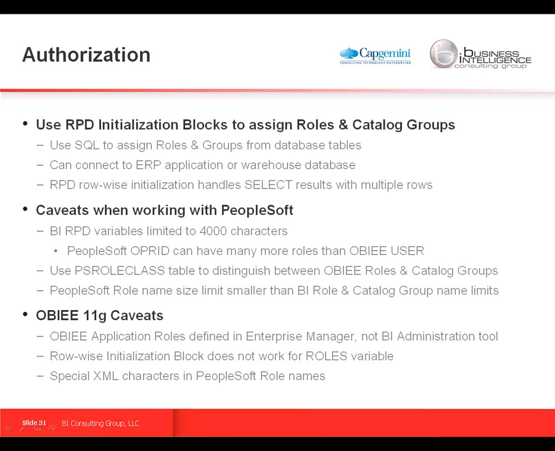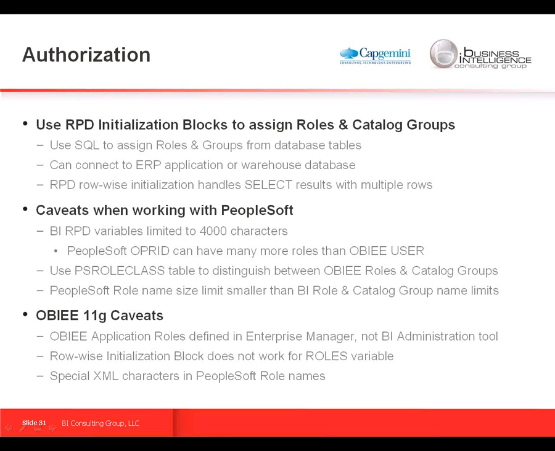And a thing that we found when working with that, on the BI side, 4,000 characters seems like a lot, but you typically can find that PeopleSoft users can have hundreds of roles, and if we go out and just grab all of those PeopleSoft roles, we may end up breaking essentially that assignment of PeopleSoft roles to BI roles or BI catalog groups.